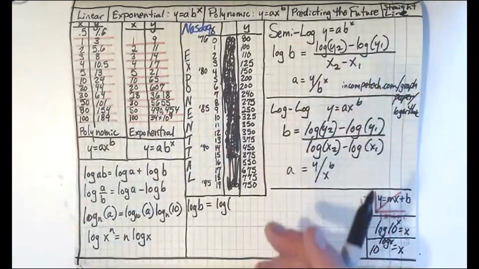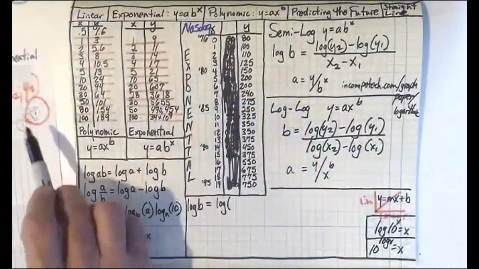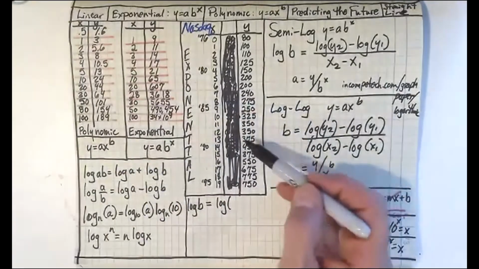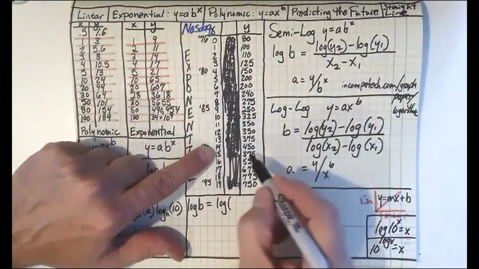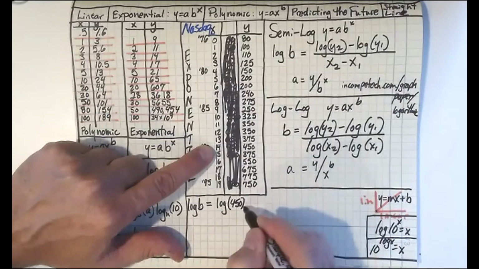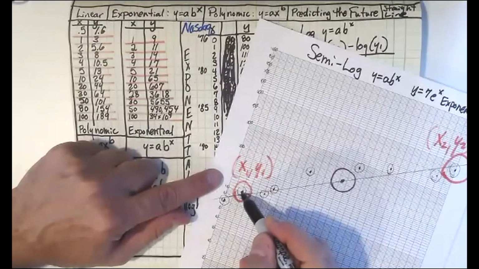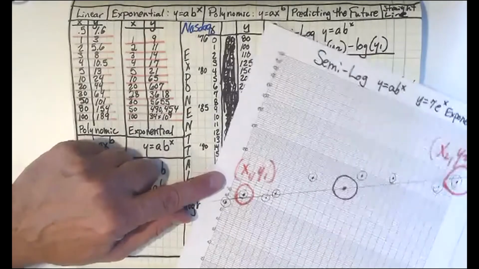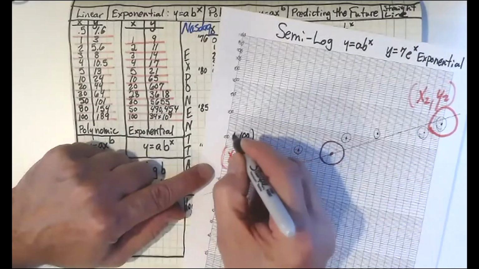Well, if we look back on our thing here, we'll see that if 14 is my y2, then that would be the log of 450 minus, now let's do it to y1. And if you remember, y1 we said was just 1 and 100, right? So this is 1, 100.